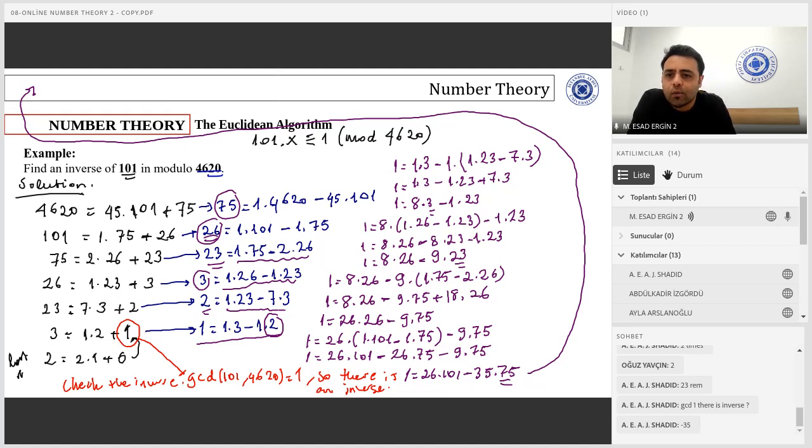So here, 1 equals 26 times 101 minus 35 times 75. What is the 75? It is 1 times 4620 and minus 35 times 101.